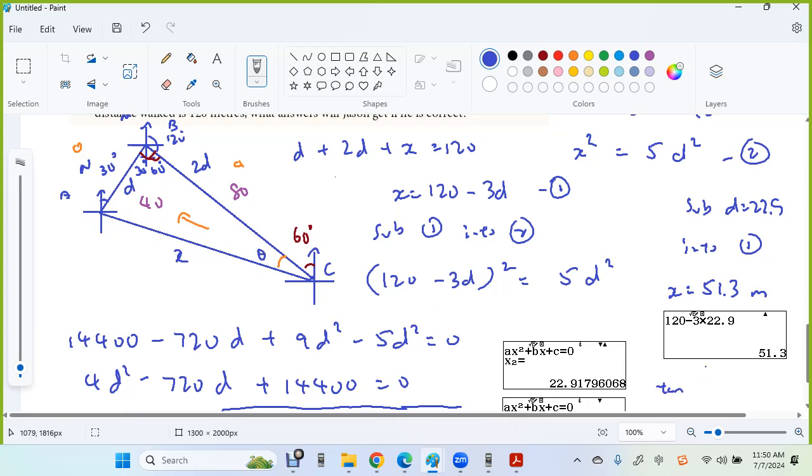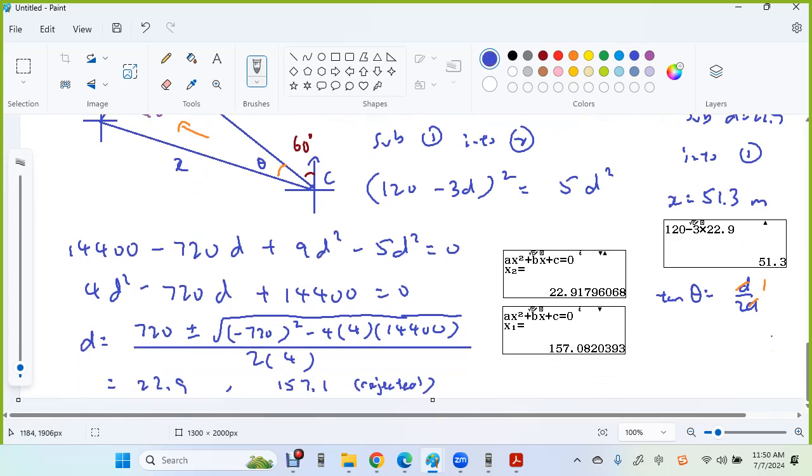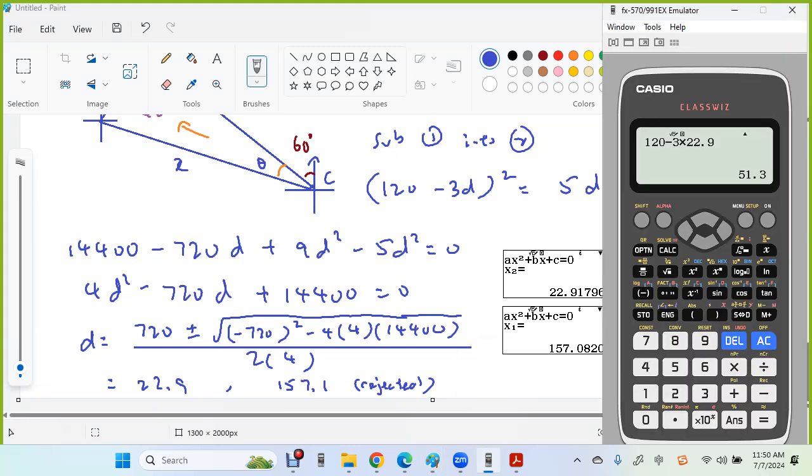This one is theta, so tangent theta will be D over 2D. So we do not need to find the value of D. We can already get the value of theta. So theta will be the arctangent of half.